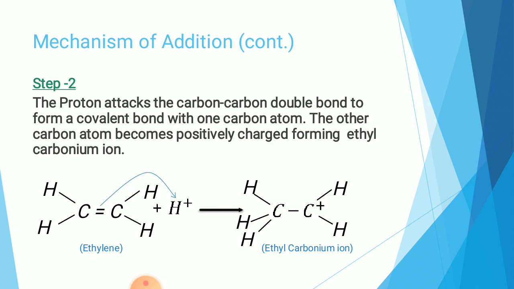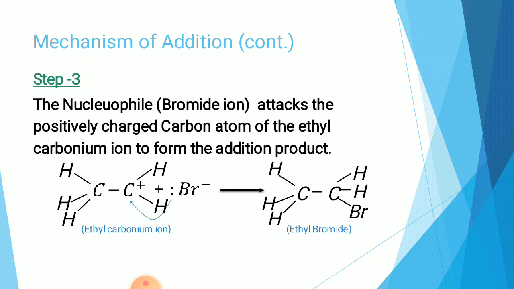So the H plus ion attacks the carbon-carbon double bond to form a covalent bond with one carbon atom, and the other carbon atom becomes positively charged, forming a carbonium ion named ethyl carbonium ion, which is related to your step 3.